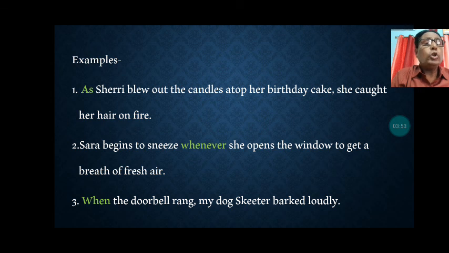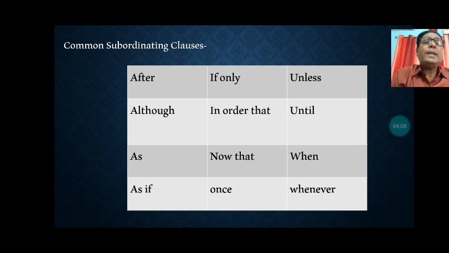When the doorbell rang, my dog Skeeter barked loudly. Here you can see the conjunction when, in highlighted words. You also have some common subordinating conjunctions, or dependent conjunctions, in this table.